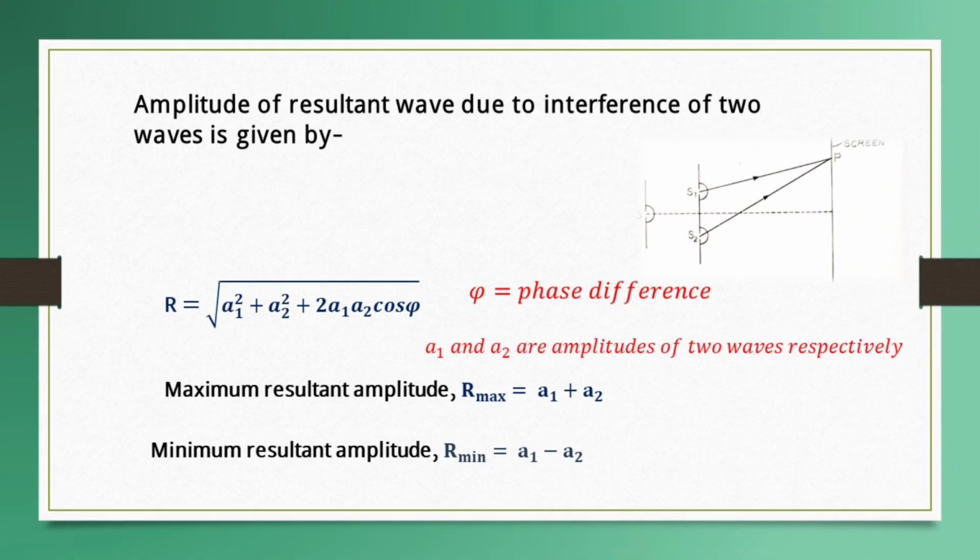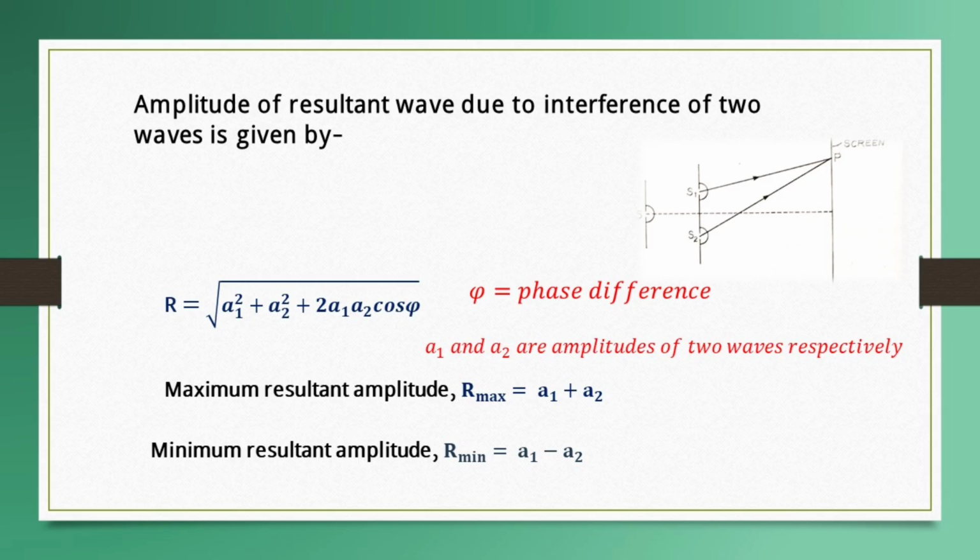Now I am showing some formulas. Number 1. The amplitude of the resultant wave due to interference of two waves is given by R equal to root over a1 square plus a2 square plus 2 a1 a2 cos phi. Here phi equal to the phase difference and a1 and a2 are the amplitudes of the two waves respectively.